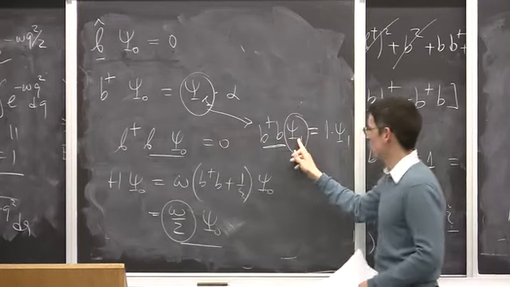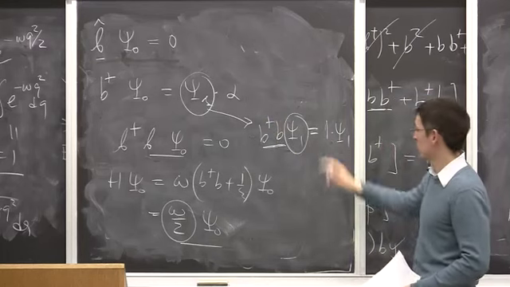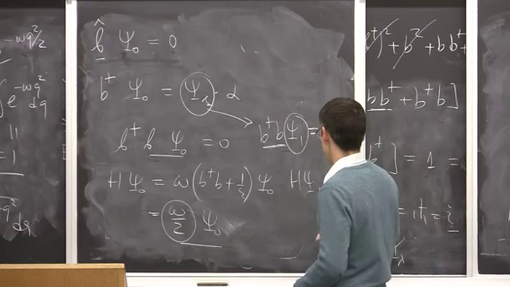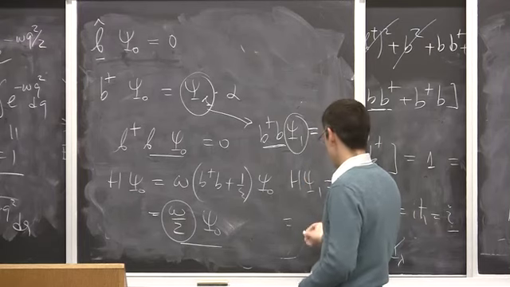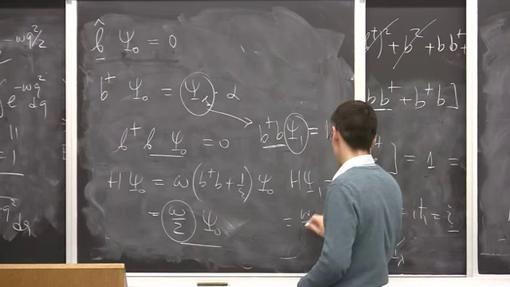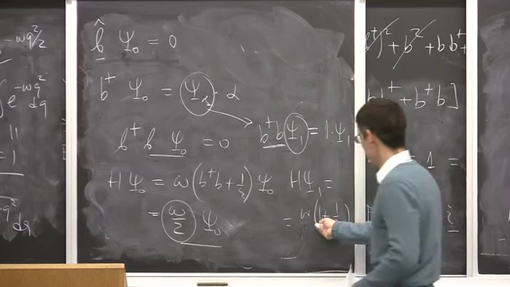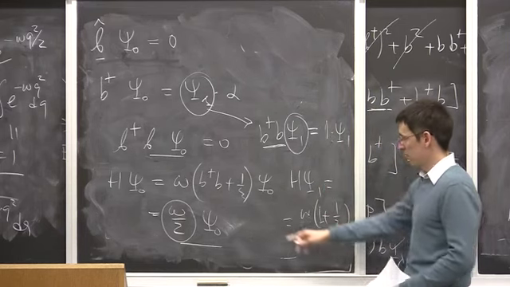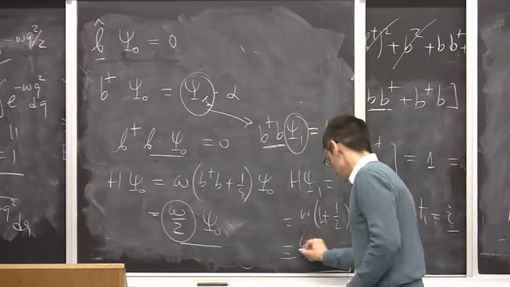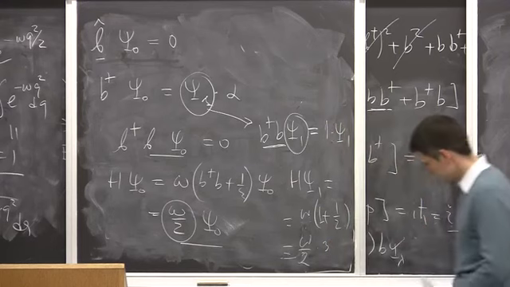So for psi 1, the eigenvalue when we act with b dagger b should be 1. Okay? And then H psi 1 eigenvalue will be omega times 1 plus 1/2. 1 comes from b dagger b, 1/2 because it's part of the Hamiltonian. So it's omega divided by 2 multiplied by 3.